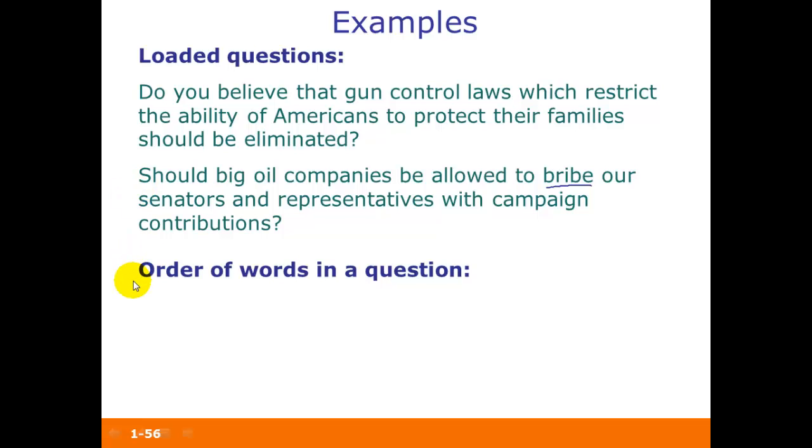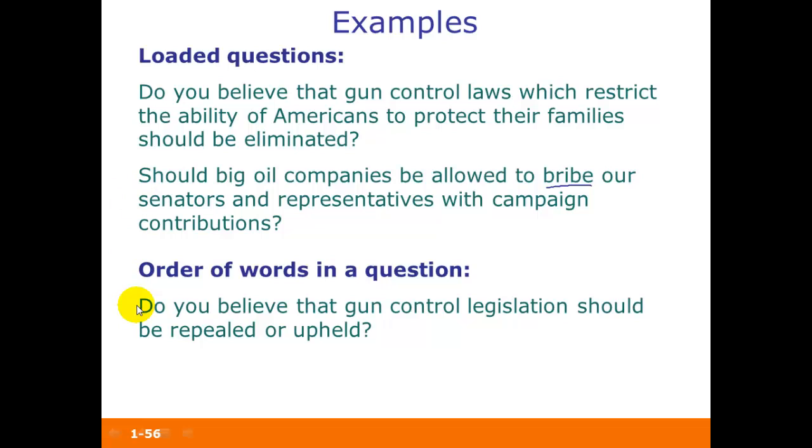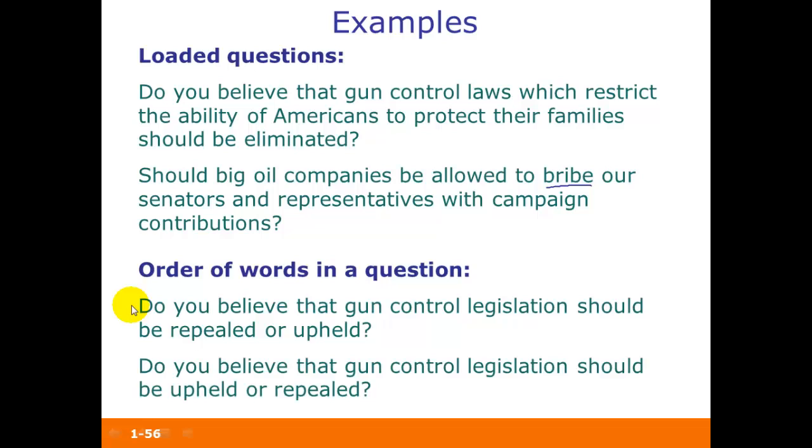Now we can also talk about the order of words in a question. Here's a question stated two different ways. Do you believe that gun control legislation should be repealed or upheld? Or do you believe that gun control legislation should be upheld or repealed?